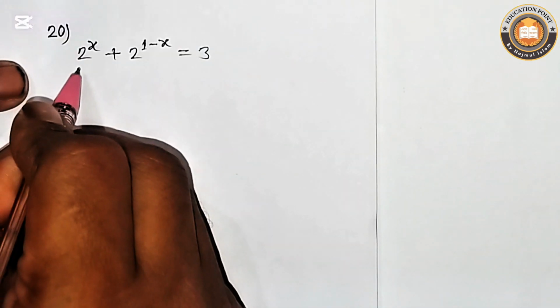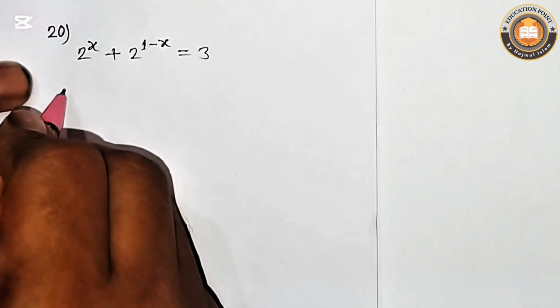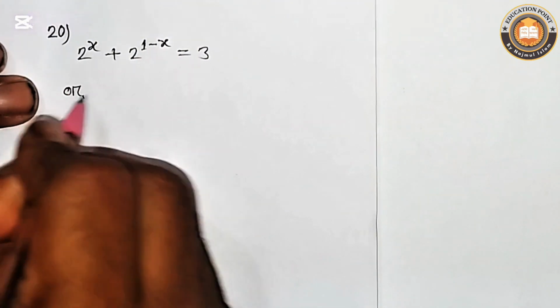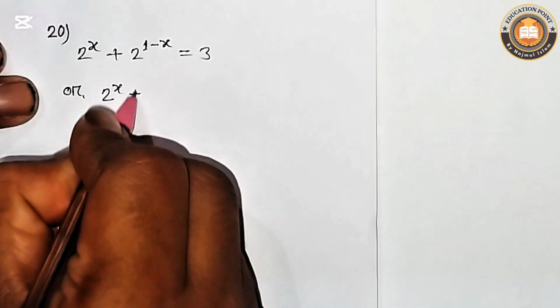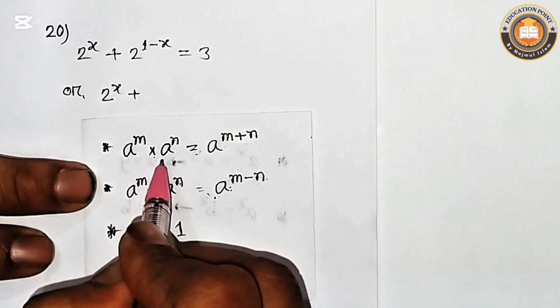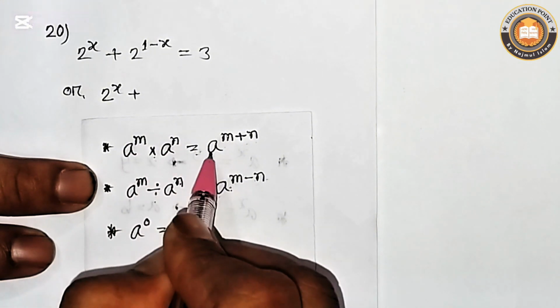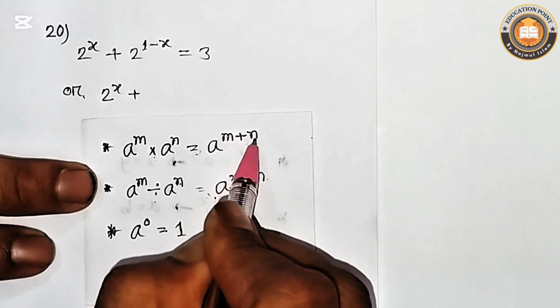Question number 20. 2 power x plus 2 power 1 minus x equal 3, or 2 power x plus, here we will apply the index law of multiplication. That means a power m into a power n equal a power m plus n.